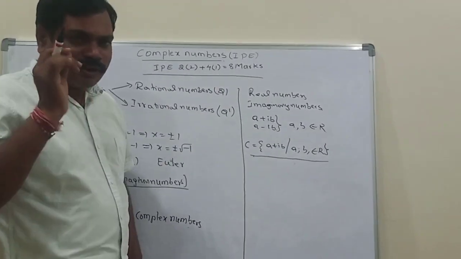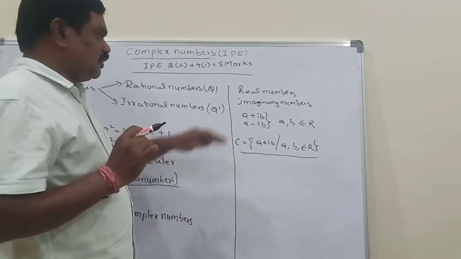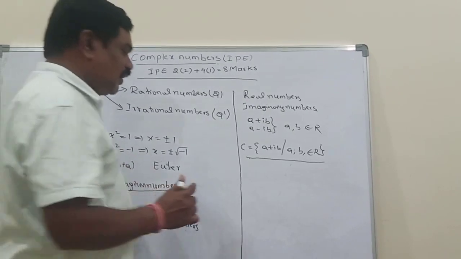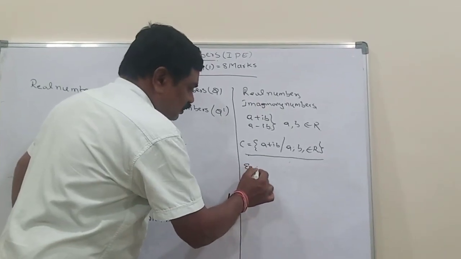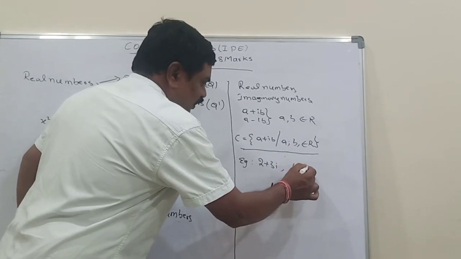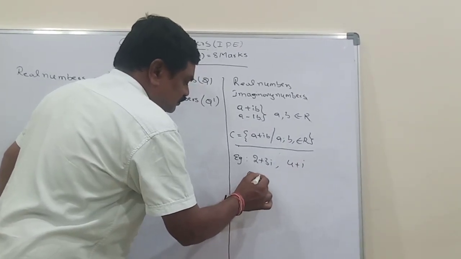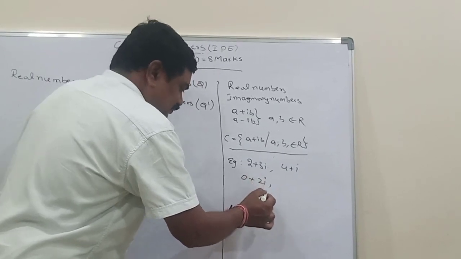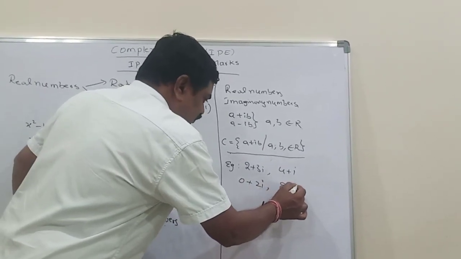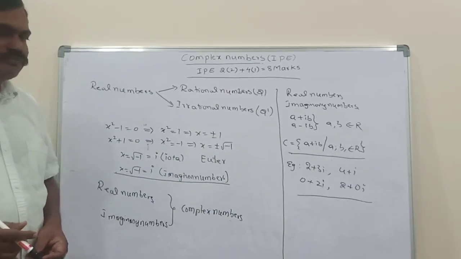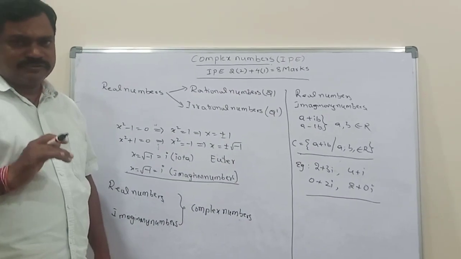That means complex numbers are real numbers and imaginary numbers. Examples: 2 plus 3i, 4 plus i, 0 plus 2i, 2 plus 0i. These are examples of complex numbers.